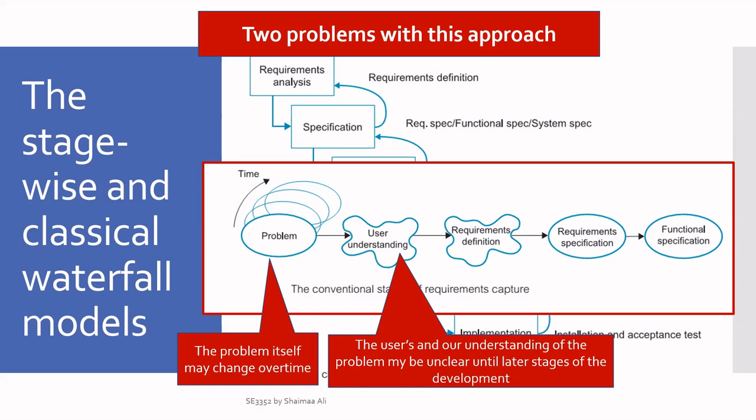All right, so that rigid waterfall model is not gonna work. We need something else. So what do you think we can do about this? What could be a better way to deal with this? So obviously, yes, we need to go back and forth between different steps.